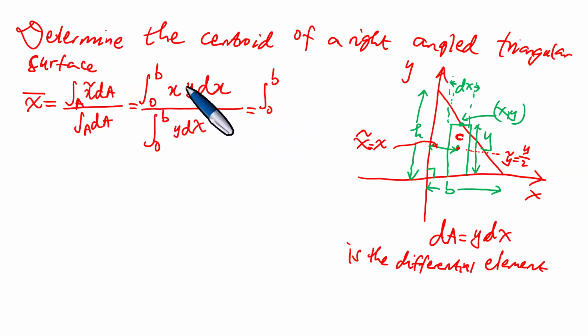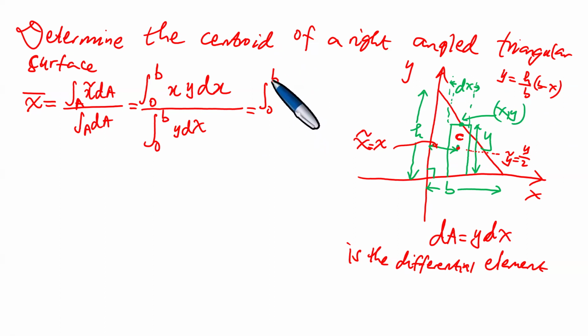Now the question is, what is y? Obviously, if this is h and this is b, then on this line, the equation of this line is y equals h over b minus x, which gives the following: xy dx.